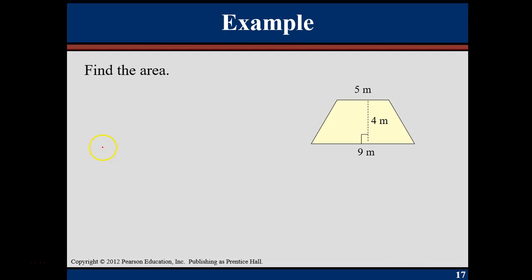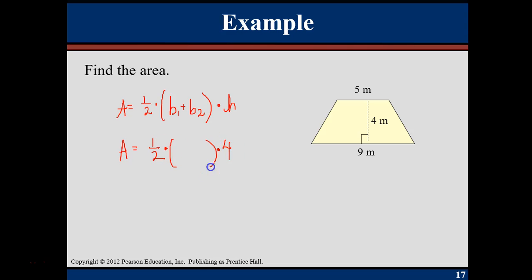Let's look at our trapezoid. The area for a trapezoid is 1/2 times base 1 plus base 2 times the height. Sometimes you'll see the height wedged in between the 1/2 and the base 1 and base 2. So I have 1/2. My height is that number on the inside. That's a 4.